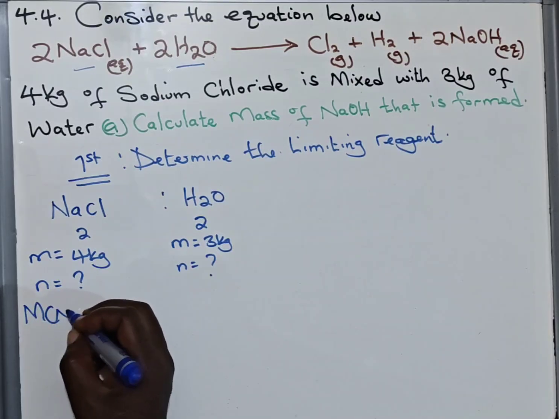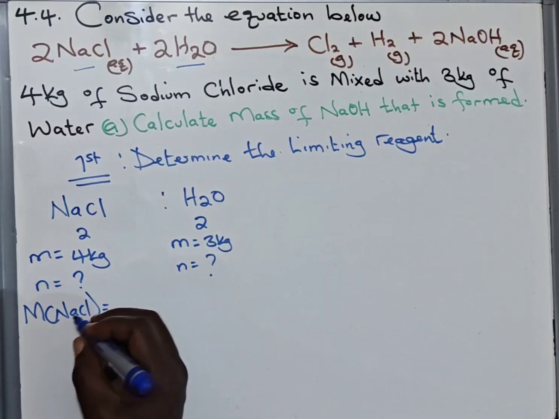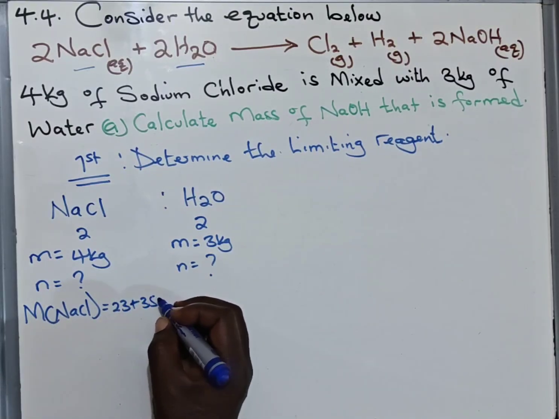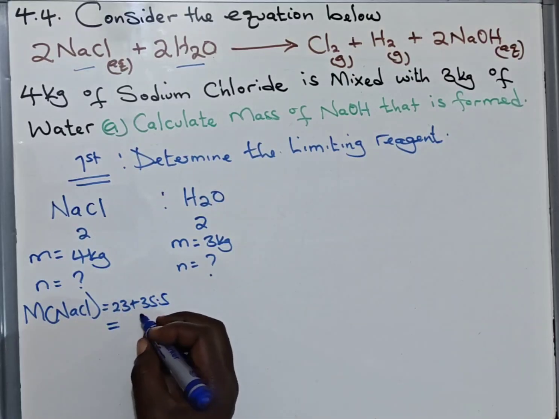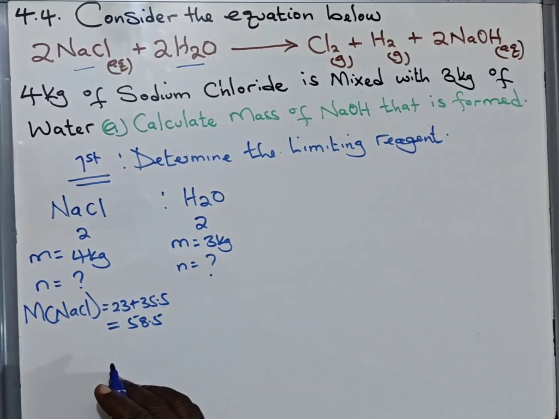So the molar mass of sodium chloride is 23 plus 35.5, giving you 58.5.